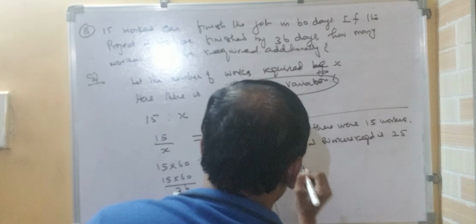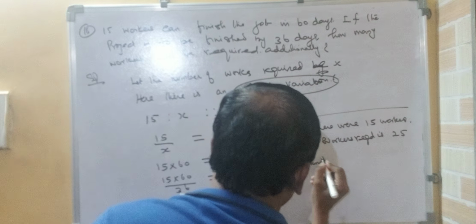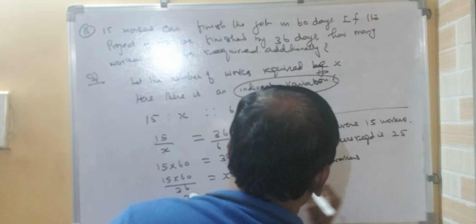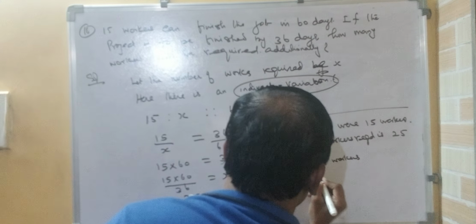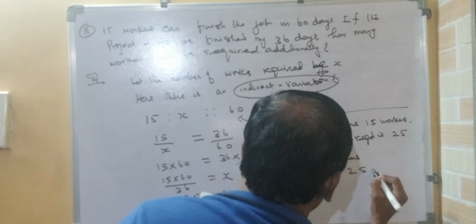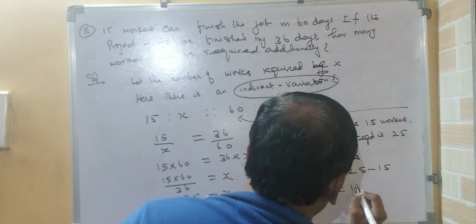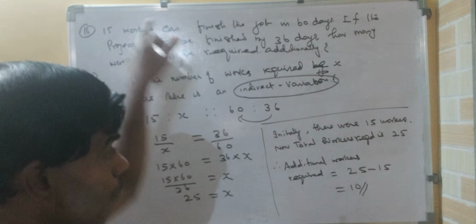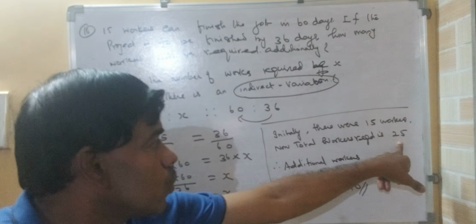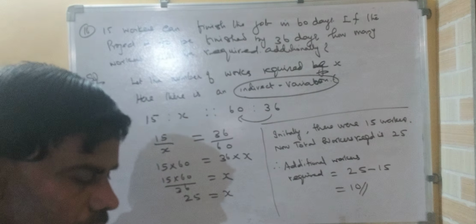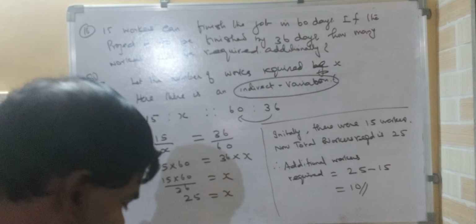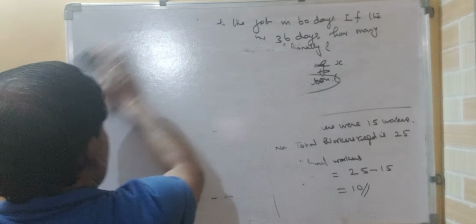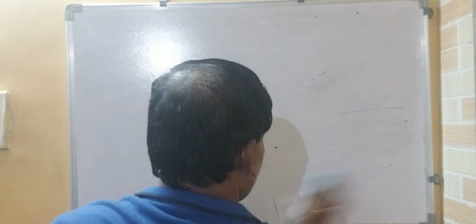Therefore, the additional workers required equals 25 minus 15 equals 10. See here, they have already engaged 15 workers. How many total workers are required? 25. That means an additional 10 workers are required. Now again, by using this ratio, we will do one more problem.